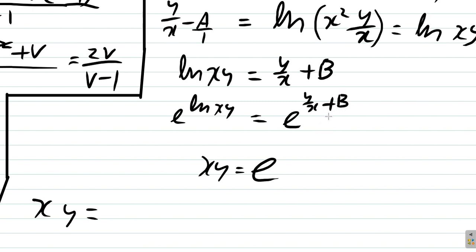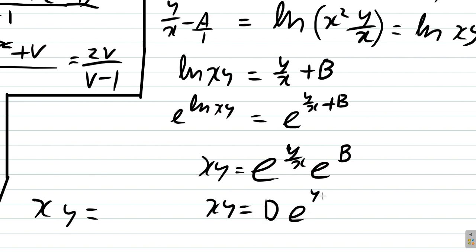Now, suppose you do this, it means e to the y over x, e to the b. But e to the b is yet another constant. Call it d. So xy equals d e to the y over x. Right. We could do that. Alright, so we can have that as our solution. So I will see you in the next video.